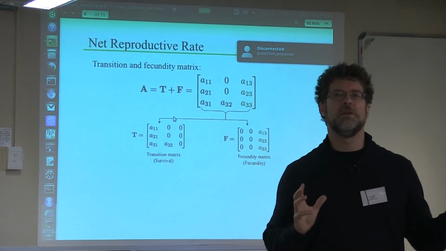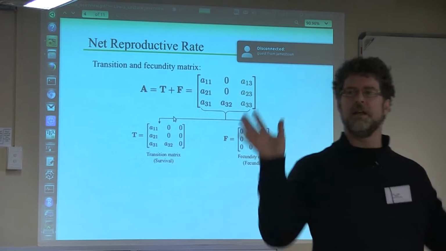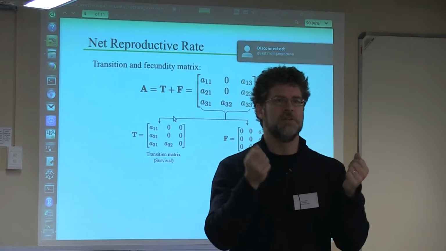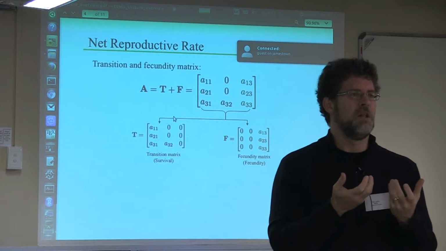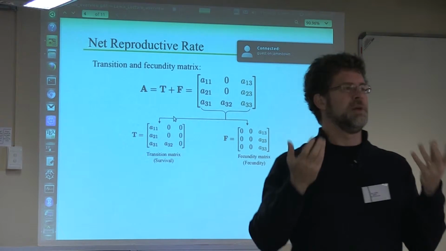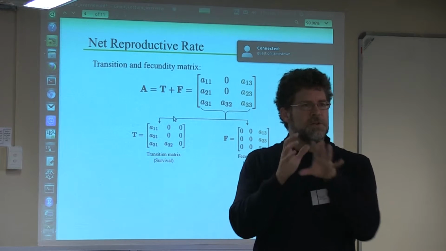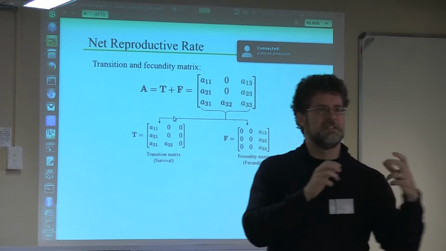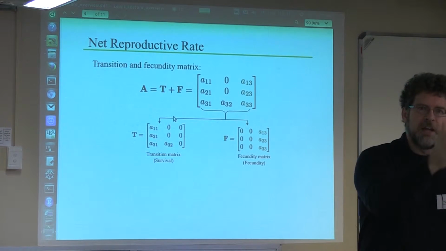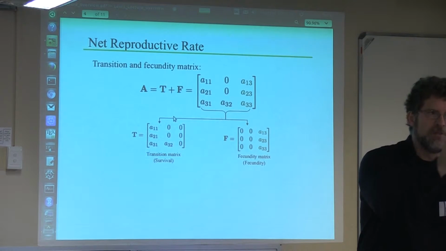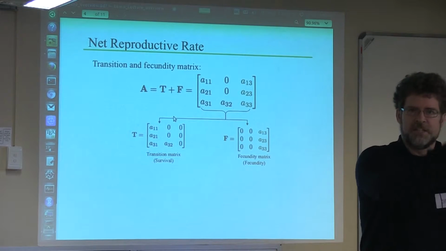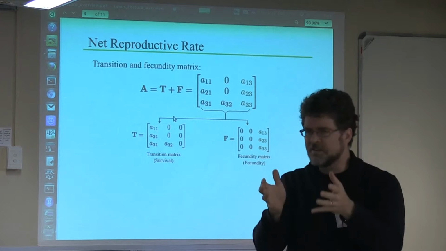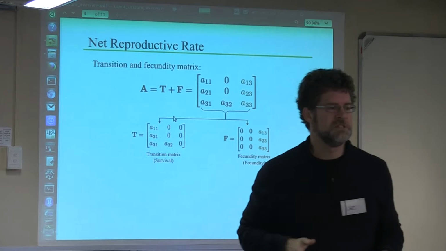The other thing that we talked about was saying, OK, let's not use the eigenvalue, but let's use this thing we call the net reproductive rate. It's a bit like R0. And to do that, we need to break up our matrix into two parts. One is transitions that describe survival moving from one class to the next. And the other is fecundities, or the production of new individuals.